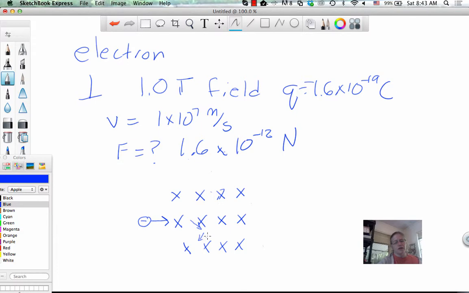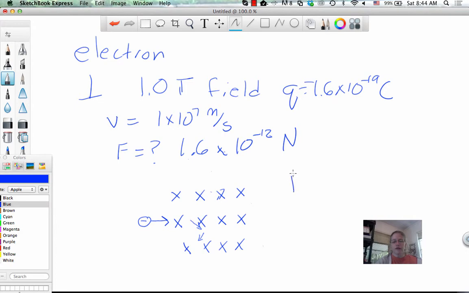So it will move in a circle. We know that because the force is perpendicular to the direction of motion. Whenever the force is perpendicular to the direction of motion, we have a centripetal force, and it will move in a circle.